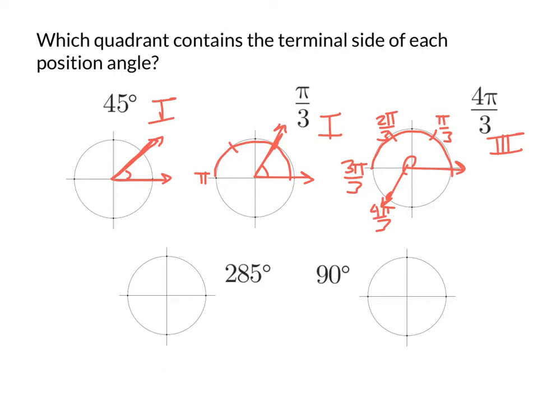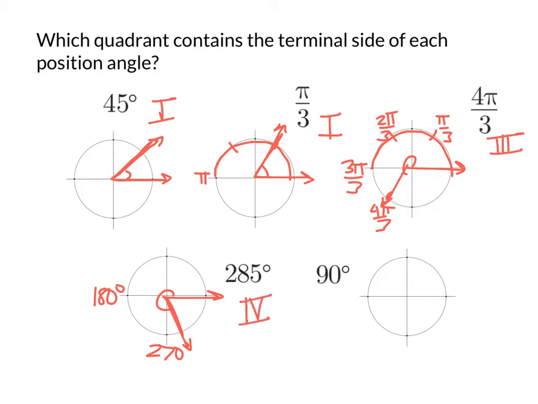For 285 degrees, as we go around the circle from our initial side, here's 180 degrees. Adding 90 degrees to that means that this one's 270 degrees, and so we would have to go a little bit further to get to that 285 degrees, making 285 a quadrant 4 degree measure.